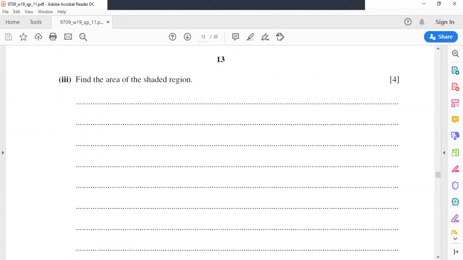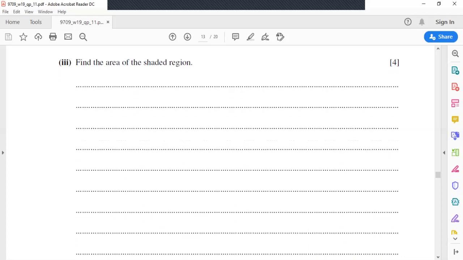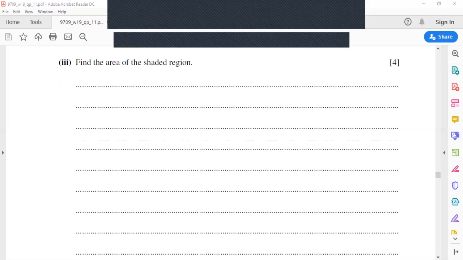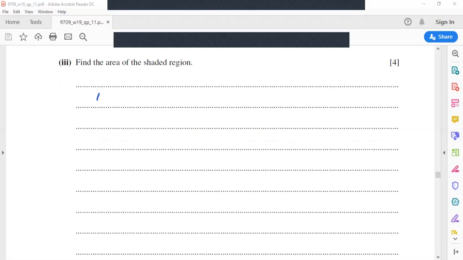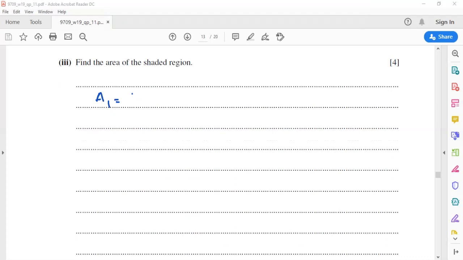So let's find A1 first, which is half base times height, and our base is 5.093, which is OA, and height is 3.40, which is AB, and after simplification, this gives us 8.66.